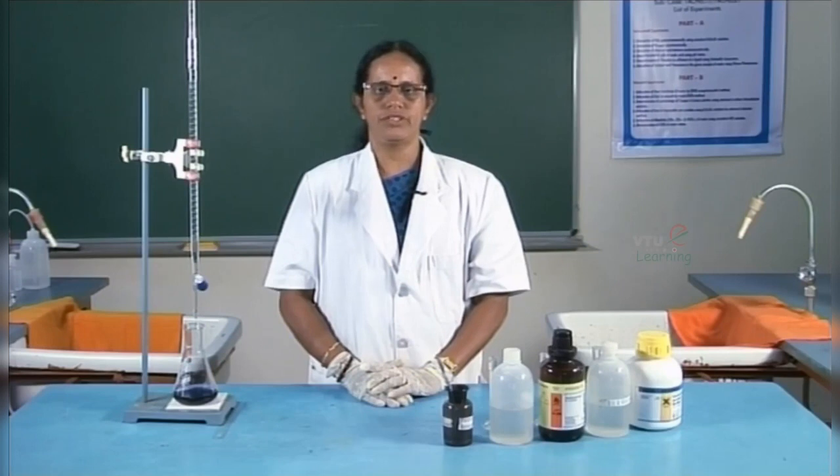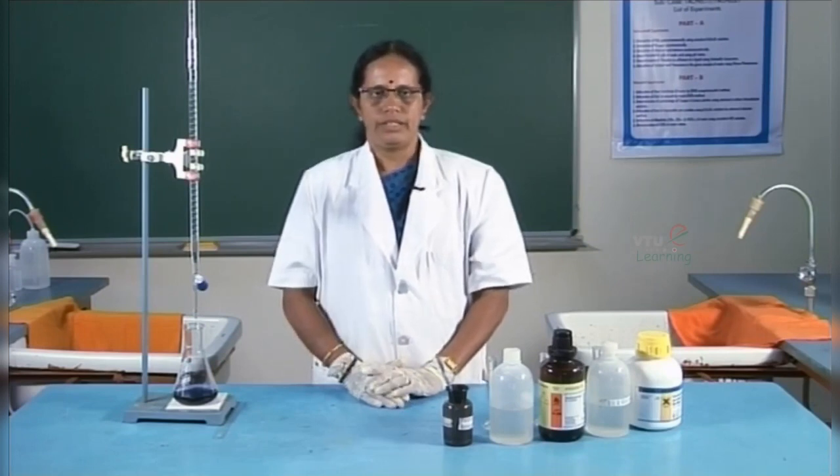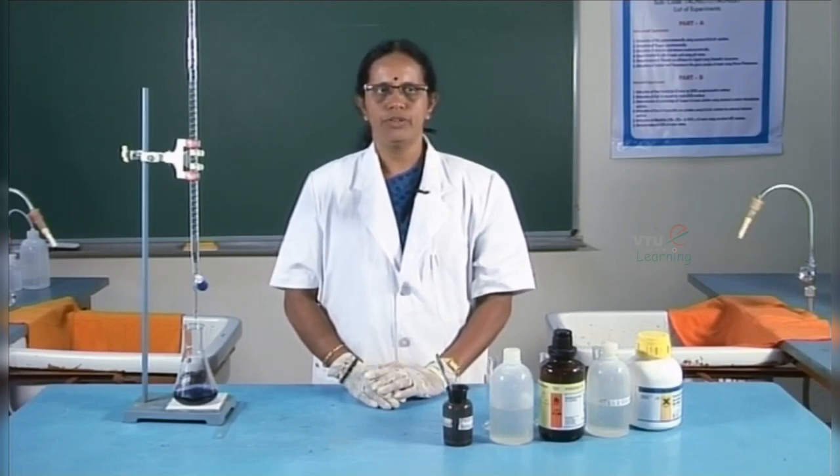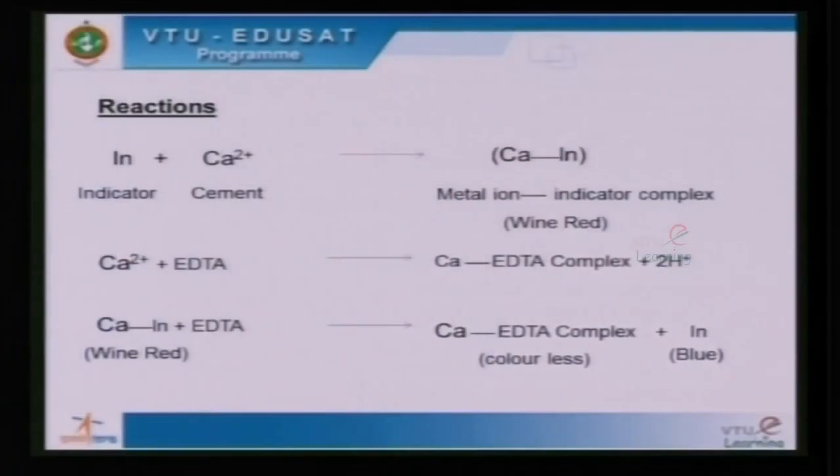Now, the reactions involved in the experiment. The indicator forms the complex with calcium ions in cement, forming the metal ion indicator complex, which is wine red. The free calcium ions next form the complex with EDTA, and H plus ions are released.